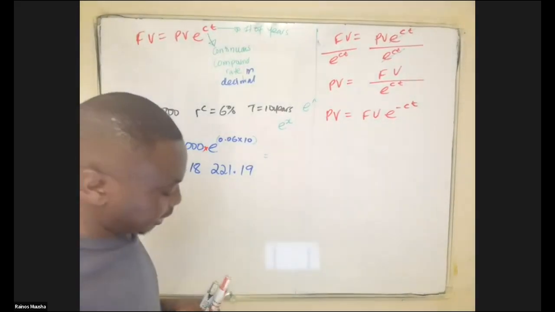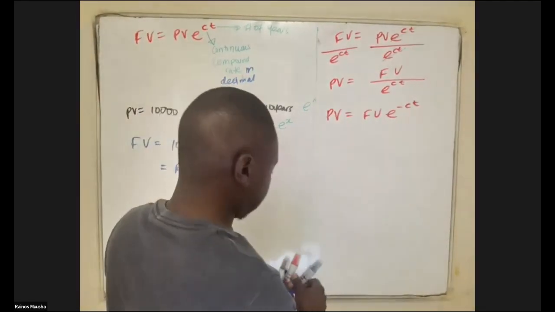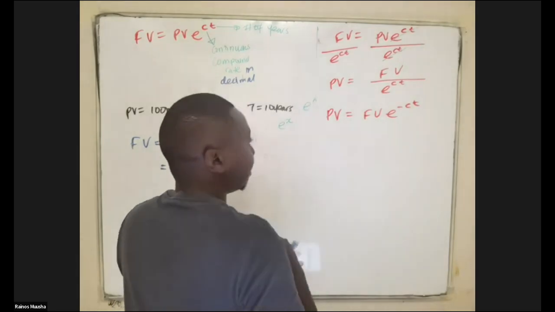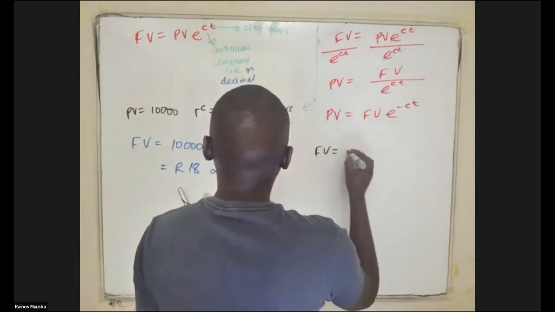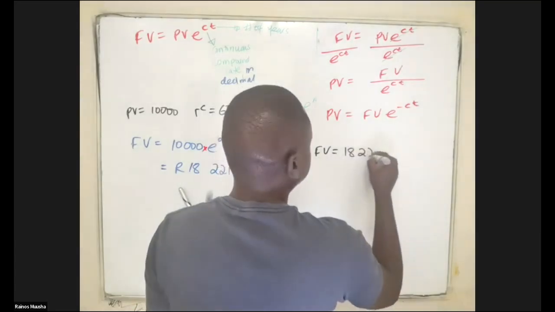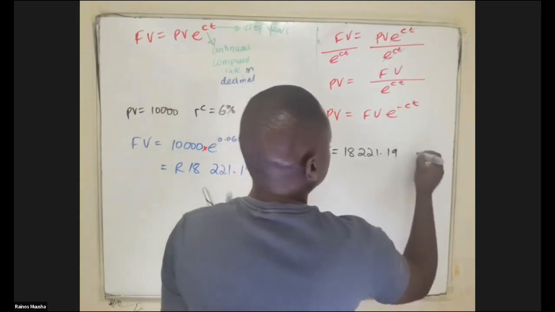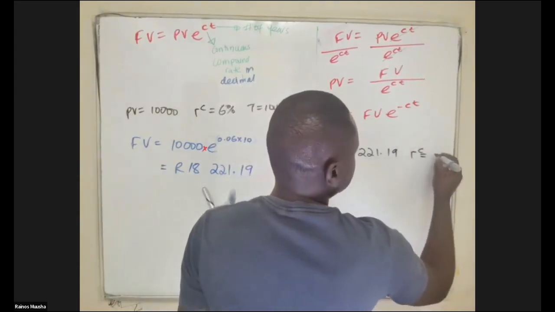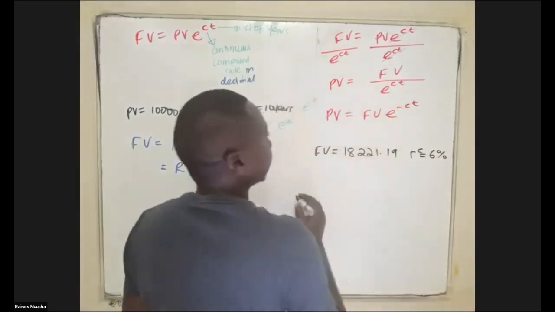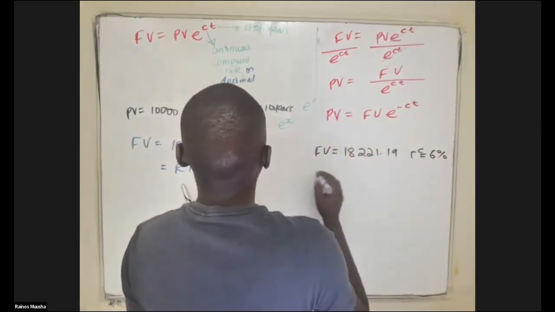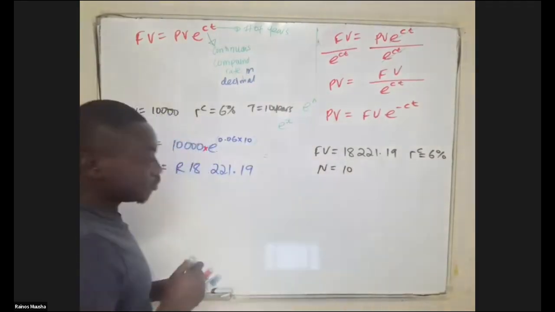So let's look at another assumed example. Let's say you are given that your future value is 18,221.19. You're also given that the continuously compounded rate is equal to 6%, and that the number of periods, or the number of years, is equal to 10.